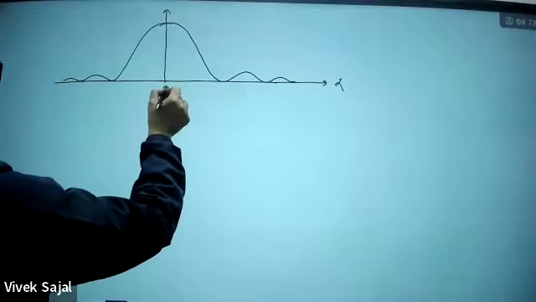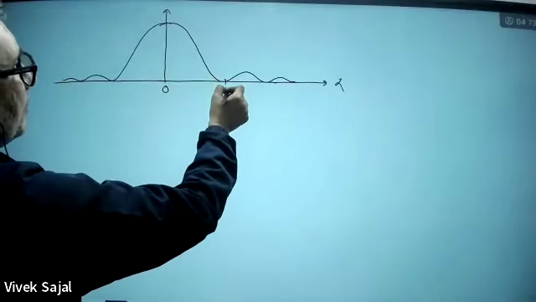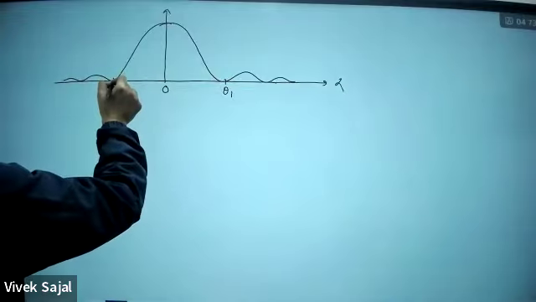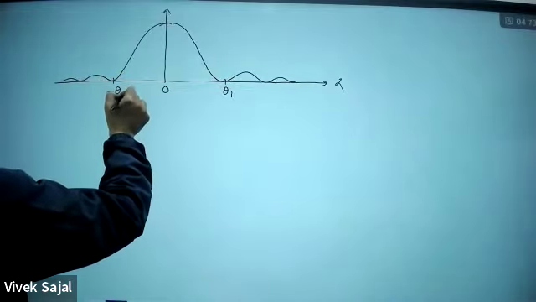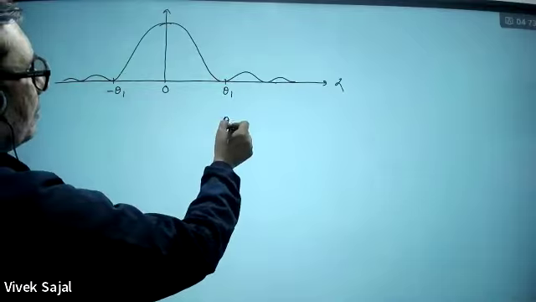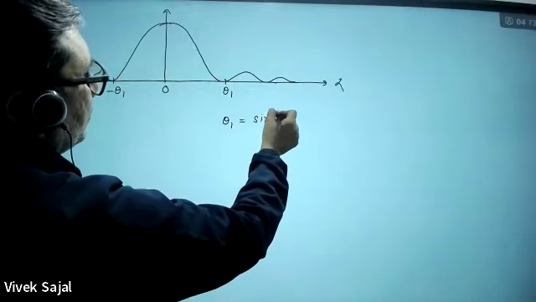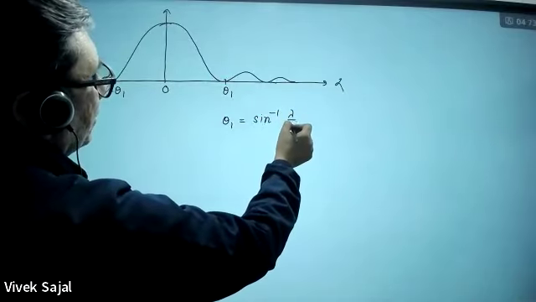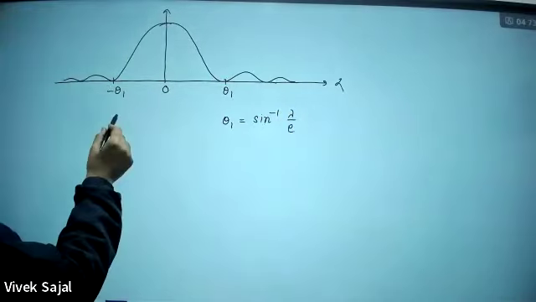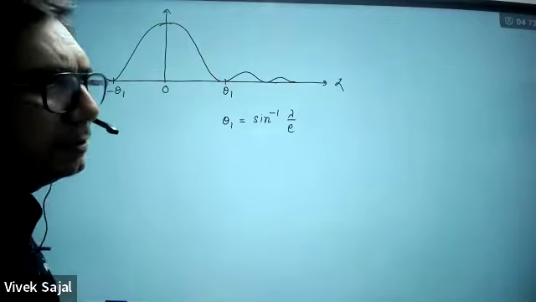This is 0. This is theta 1. This is minus theta 1. And what is theta 1? Theta 1 is sine inverse lambda upon e. Here this will be sine inverse minus lambda upon e.